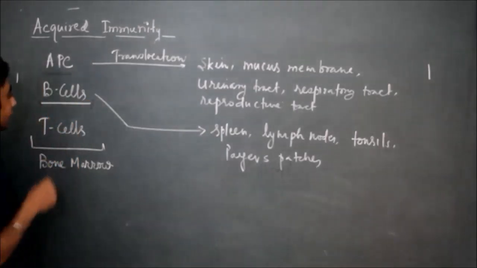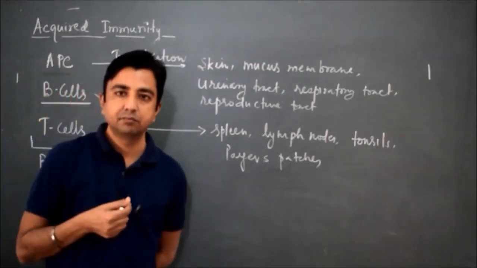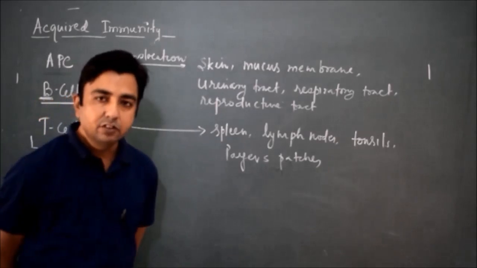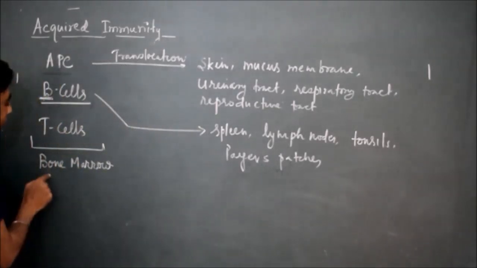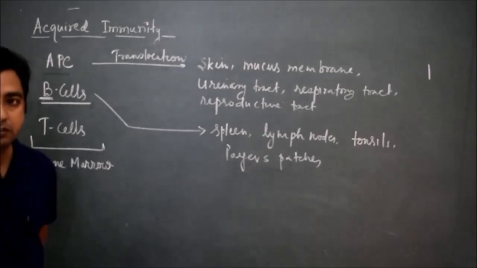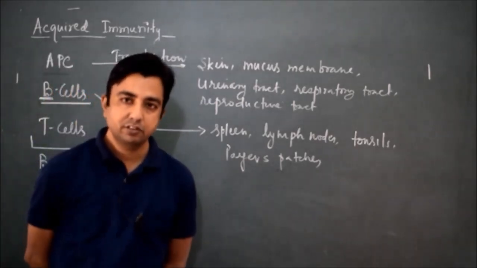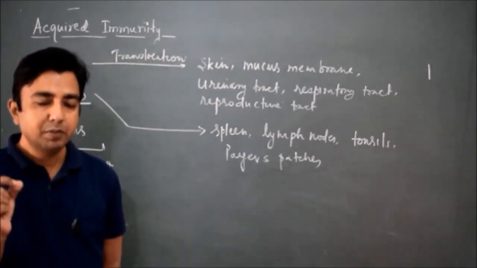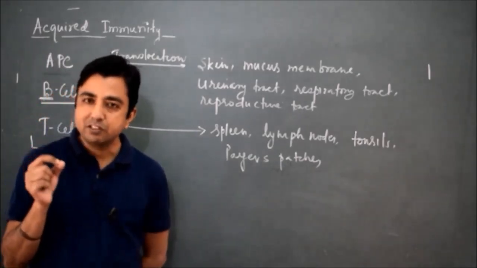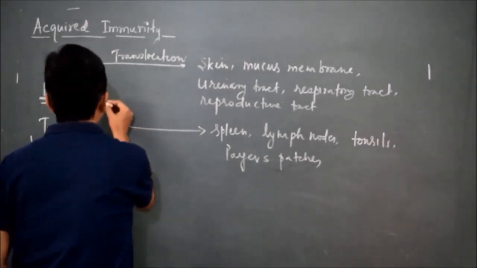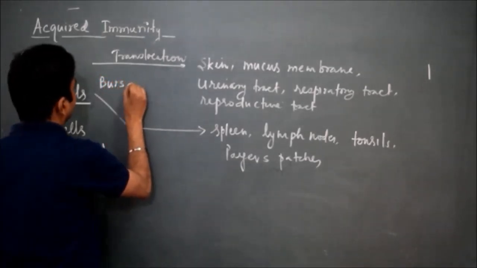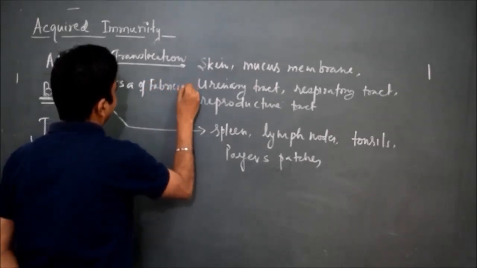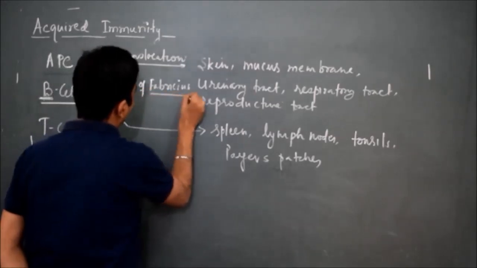Now why are B cells called B lymphocytes? What does this B stand for? It's not that since they are formed and matured in the bone marrow, that's why they are called B cells. No. B cells were first discovered in a specialized organ present in birds, and that specialized organ is called the bursa of Fabricius.